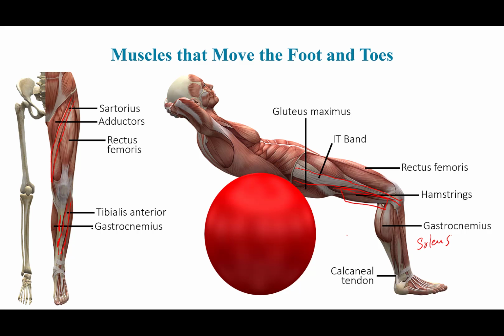Deep to gastrocnemius, it's one of the bigger but thin muscles. Together, the gastrocnemius and the soleus help you plantar flex your foot. Basically, if you wear heels, tippy toeing is the function of the gastrocnemius and soleus muscles.